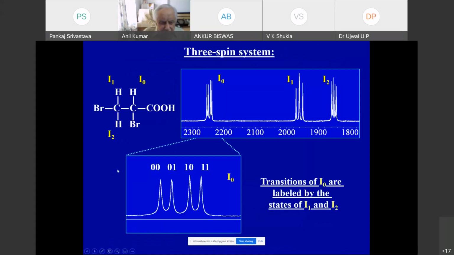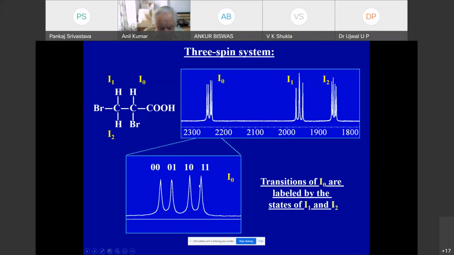we use this same three-spin system. We looked at this first spin, zero spin, and we labeled the states of the other two spins on these transitions. So this transition has the other two spins in 0, 0 state. This transition has the other two spins in 0, 1 state, and this transition has 1, 0 state and 1, 1 state.